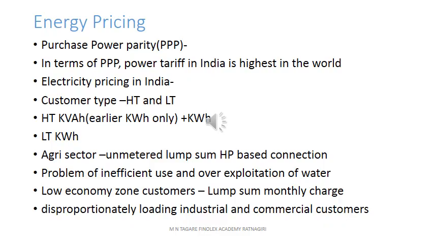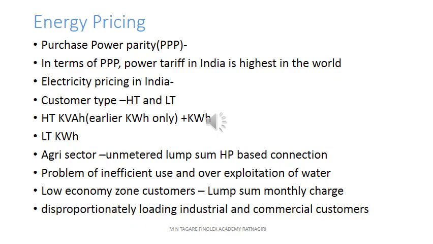Now, how will the power companies recover their revenue? What they do is cross subsidize these sectors, and they propose higher and higher rates for industrial and commercial consumers. That is why you will find there is a disproportionate loading on the industrial and commercial sector.